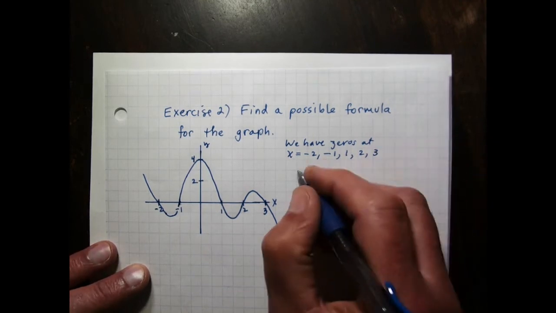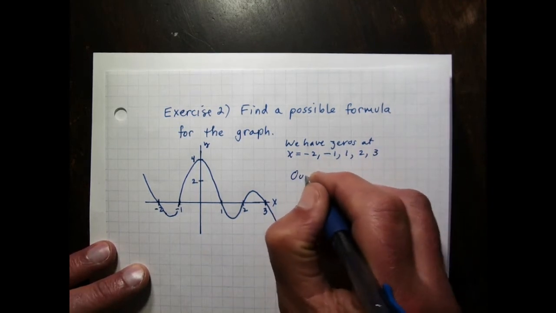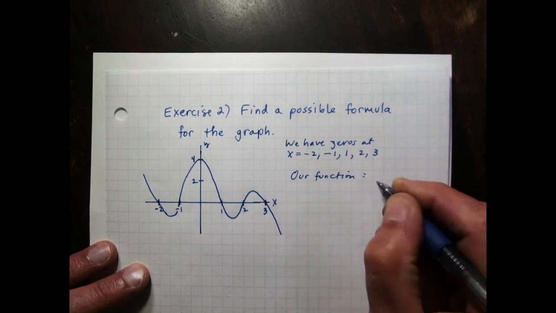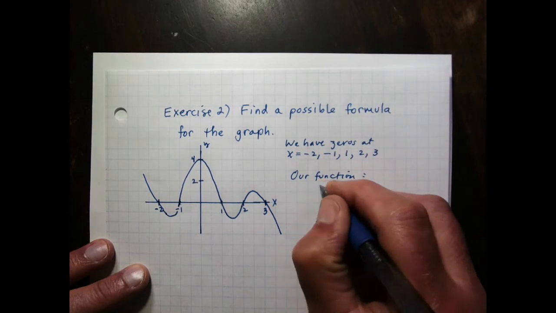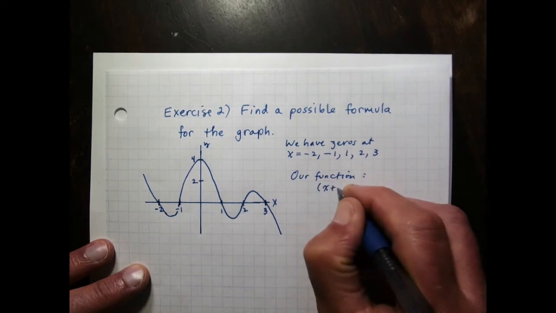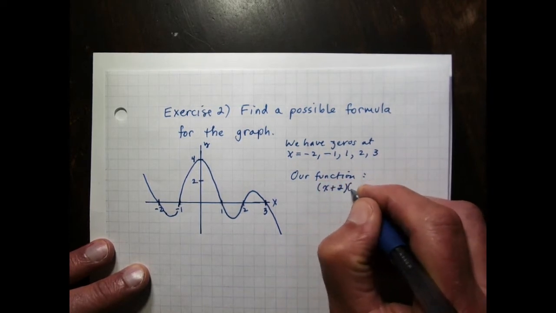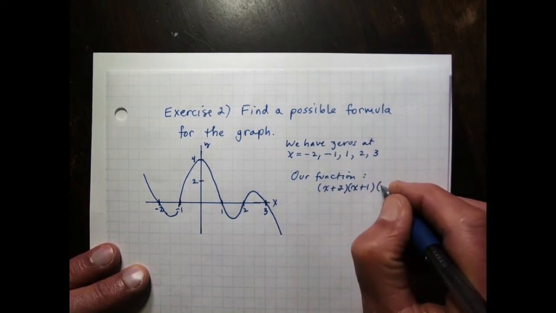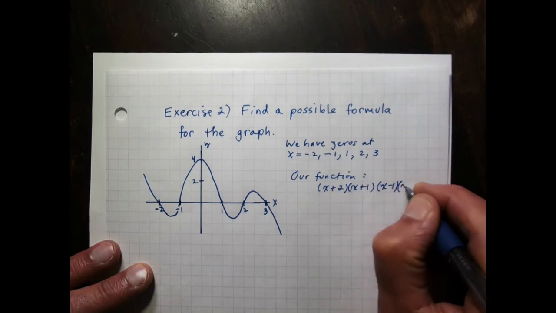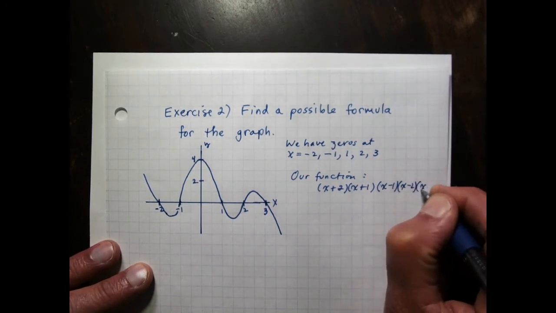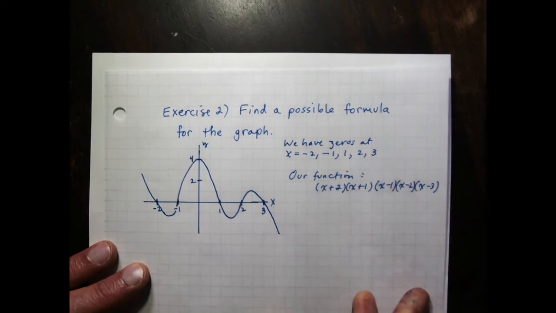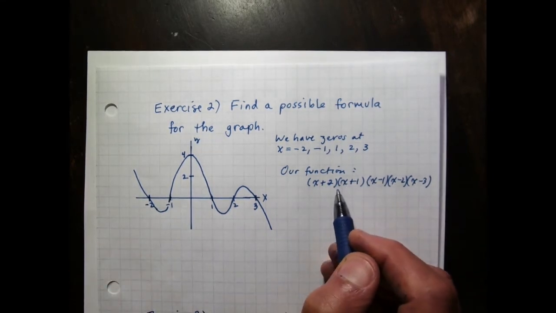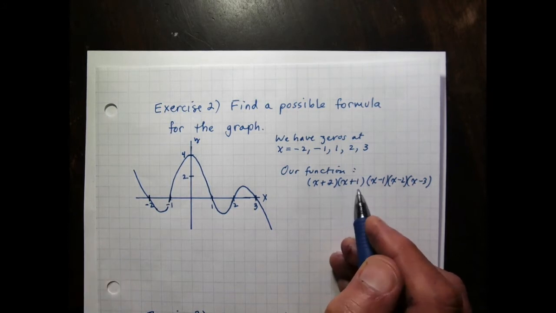So that means our function is going to have factors that look like x plus 2, x plus 1 for the two negative factors, x minus 1, x minus 2, x minus 3. It's going to be a 1, 2, 3, 4, 5, fifth degree polynomial.